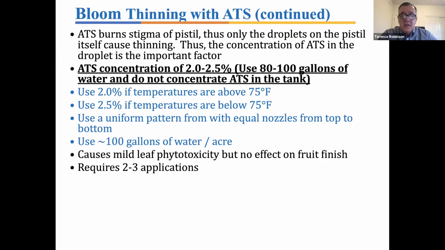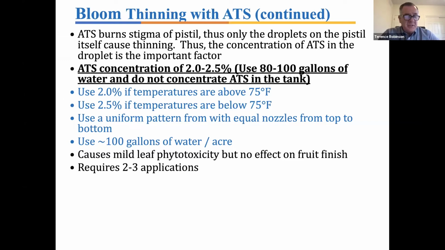That means for every 100 gallons in your sprayer, you're going to put either 2 gallons or 2.5 gallons of ATS. So on a 500 gallon sprayer, you're going to put either 10 gallons or, what's 2.5 times 5? 12.5 gallons of ATS, but never more than that.